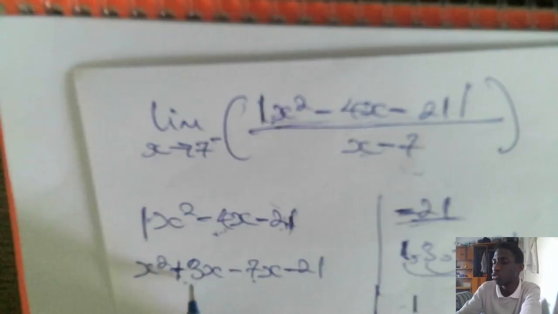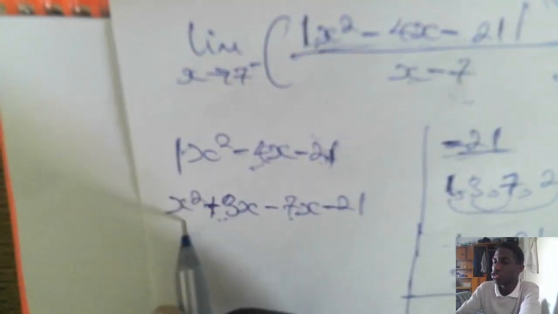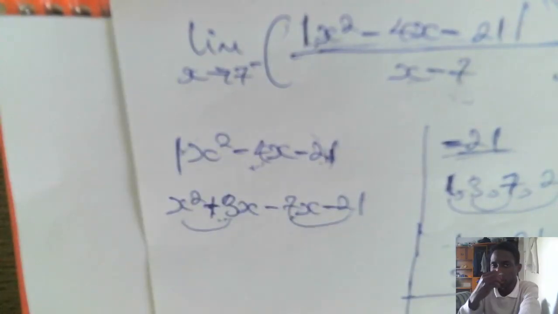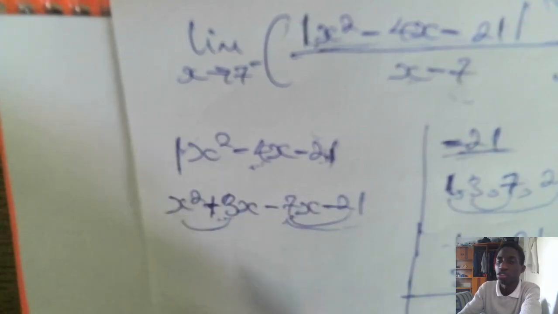If you notice, these two, plus 3x minus 7x, give you minus 4x. So next you pair them together, and you factorize each pair.